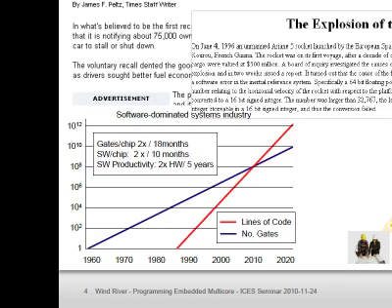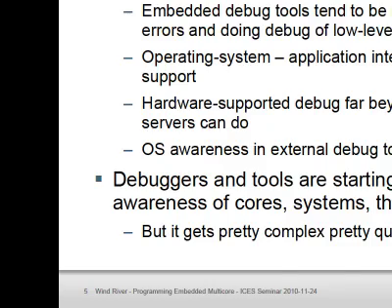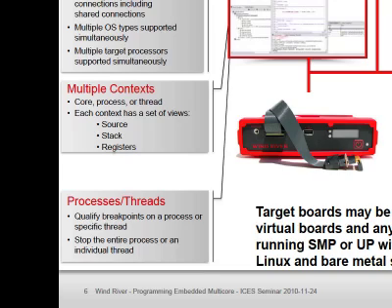Embedded multi-cores have a lot of advantages because of the power efficiency and also the performance. Multi-core embedded processors have gained a lot of traction in different applications and hardware designs. However, the challenge is that when you have multiple cores and multi-threaded and parallel programs, it's very hard to debug multi-core systems.